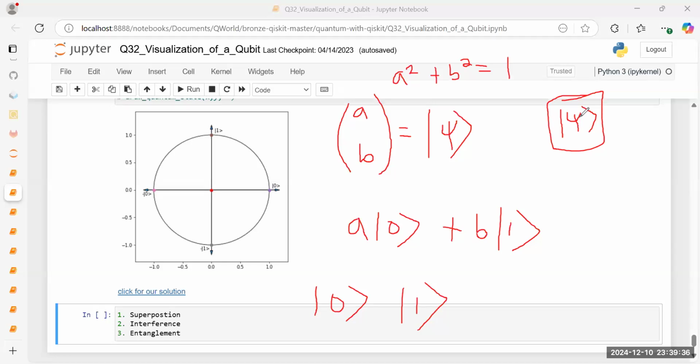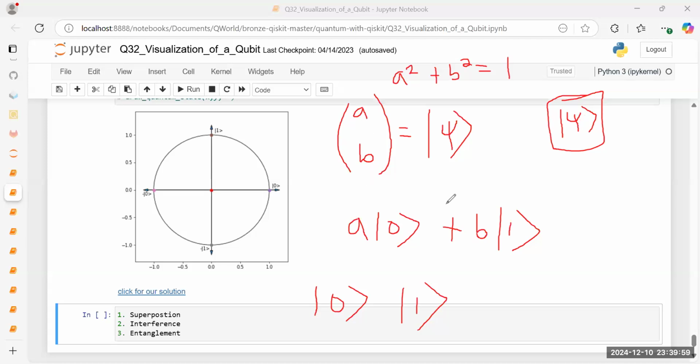Ideally, the number of different possible values we can store in a single qubit is infinite. In a classical bit, there are just 2 possible values. But in a qubit, we can store an infinite number of different possible values.